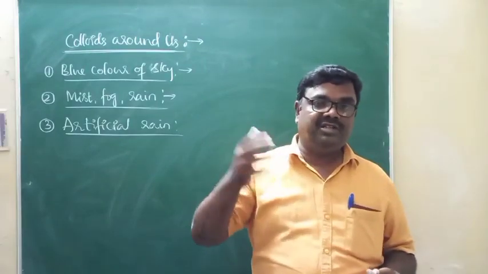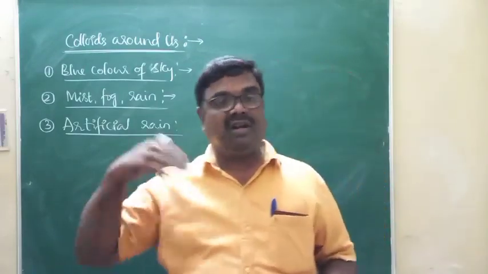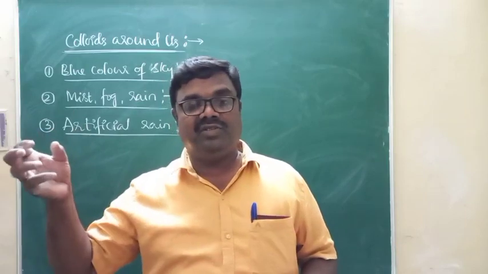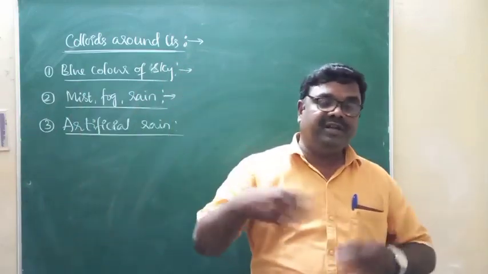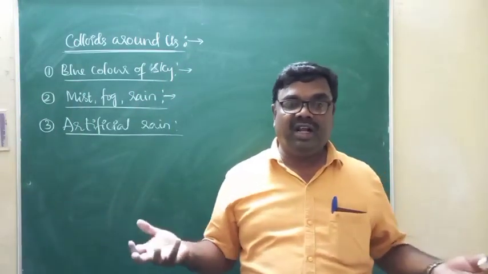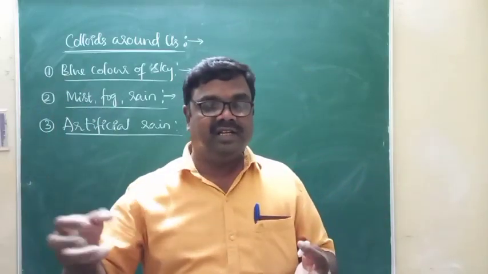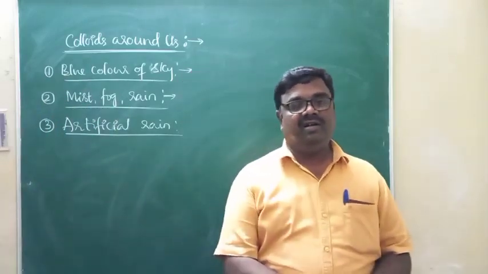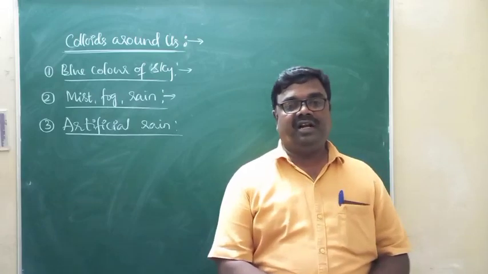When oppositely charged soils are sprayed over the clouds, what happens? The charges on the water droplets of the clouds will be neutralized. Thereby, coagulation of water droplets in the cloud takes place. That results in rainfall. So this is how artificial rain can be brought about.